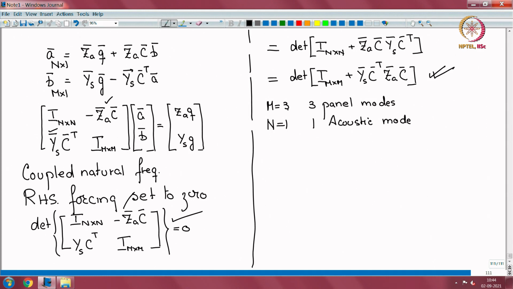If we do that, then I am going to write this in here. So this determinant looks like this.